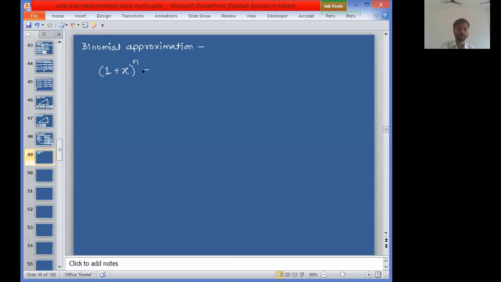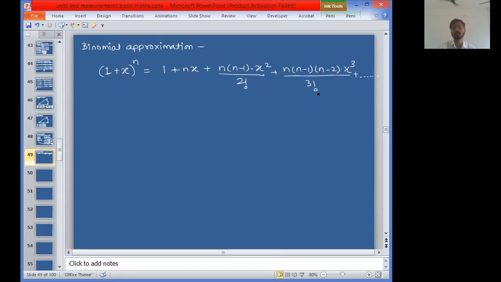In that case, what you have to write is this. 1 plus n times x plus n times n minus 1 into x square upon 2 factorial plus n into n minus 1, n minus 2, x cube upon 3 factorial and so on. Just write this. We will identify the pattern.